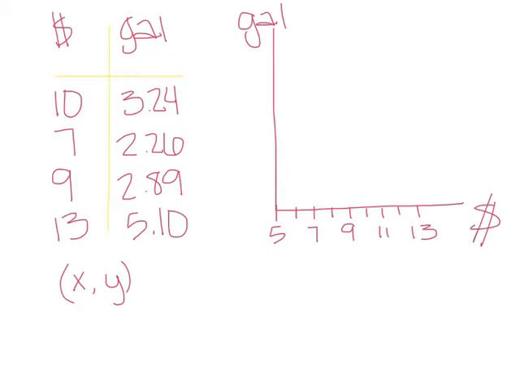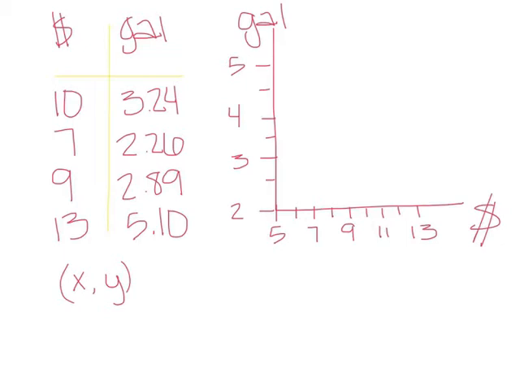And for gallons, we have anything from around 2 to a little over 5. So we can start at 2 gallons. Maybe go in half increments, 3 gallons, 4 gallons, and 5 gallons. All right, let's go ahead and plot this data.